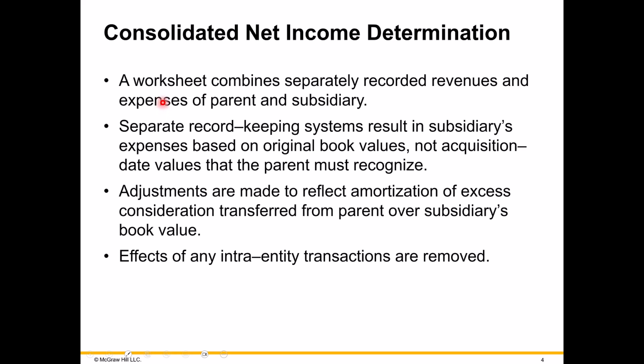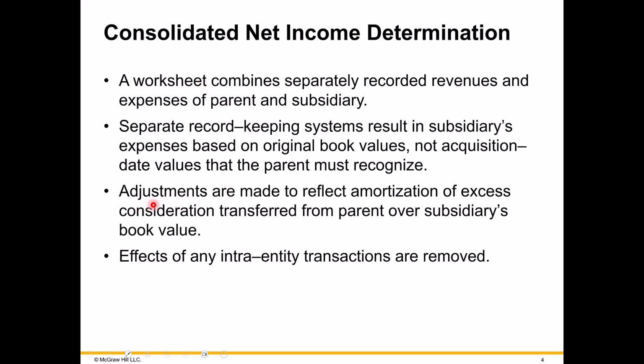In either case, the adjustments we're determining in chapter 3 are not going to be recorded in the records of the parent or the sub. It's just used on this worksheet for consolidation purposes.